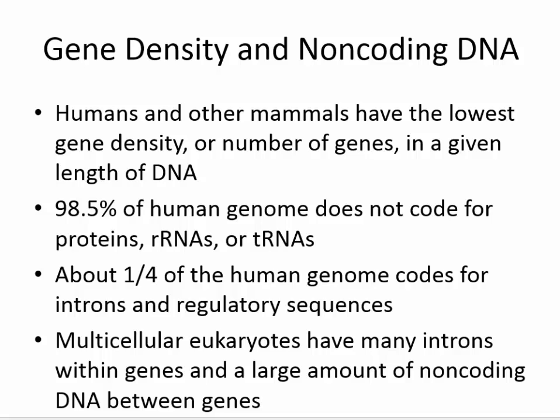That's what does the work. About 1/4 of the human genome codes for introns and regulatory sequences. Multicellular eukaryotes have many introns within genes and a large amount of non-coding DNA between genes. So although it doesn't code for proteins, it does do something else. We are still looking as to what that else is.